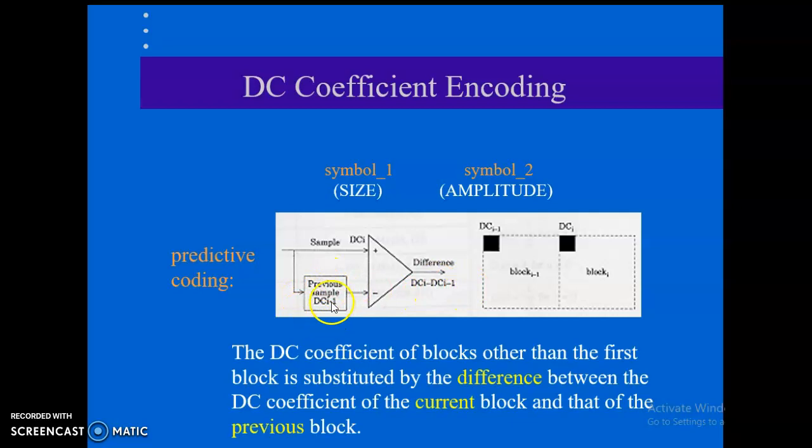This is DC_(i-1), this is DC_i. The DC coefficient of blocks other than the first block is substituted by the difference between the DC coefficient of the current block and that of the previous block.